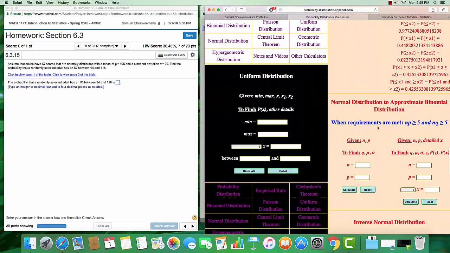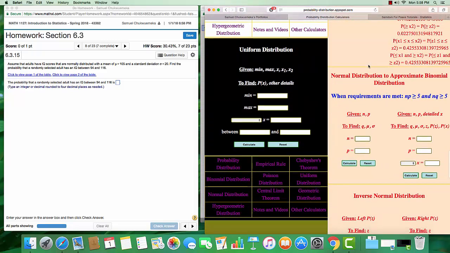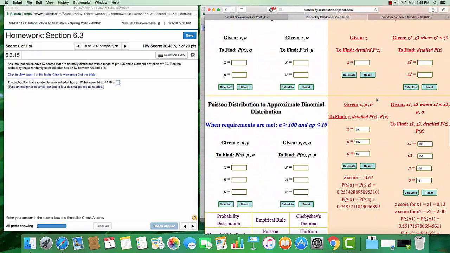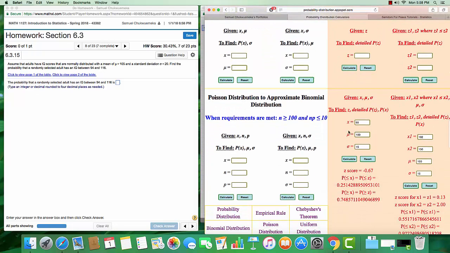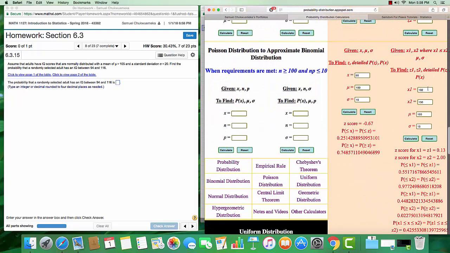Then this one is another section. Another section we're going to use this particular one. But for this section, you use this. So find the probability that a randomly selected adult has an IQ between 94 and 116. So we're going to use between, and that is here.